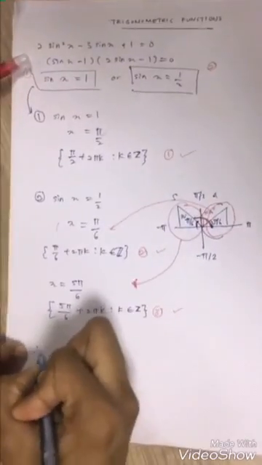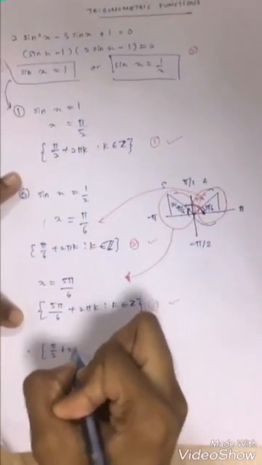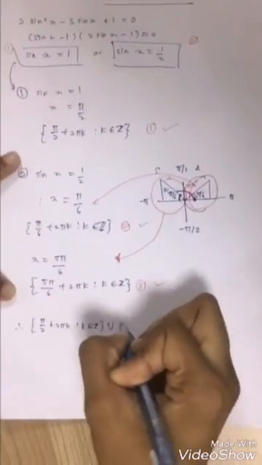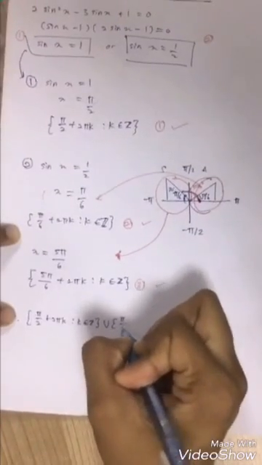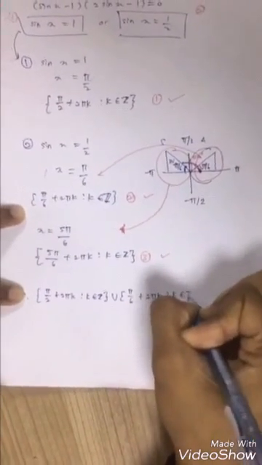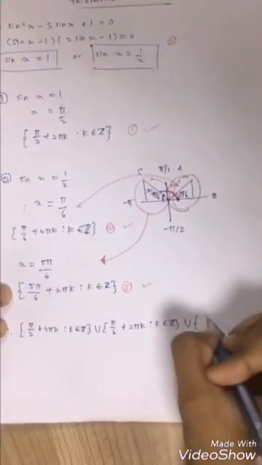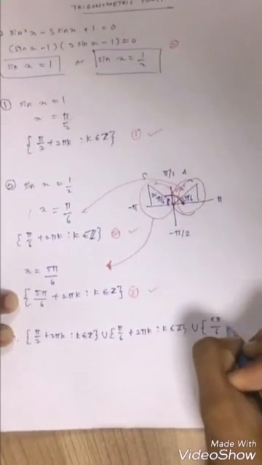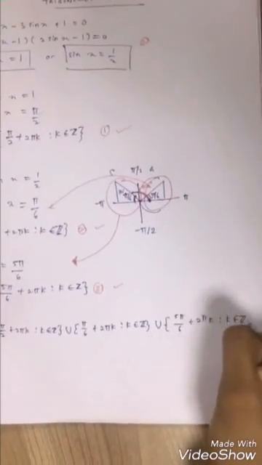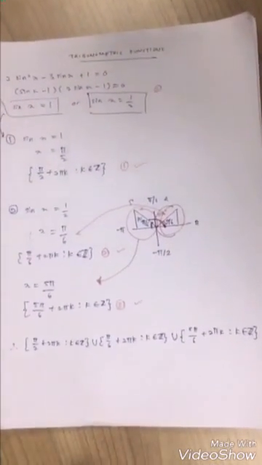Okay, so the answer is pi over 2 plus 2 pi k, k in Z, union with pi over 6 plus 2 pi k, k in Z, and union with the third equation, 5 pi over 6 plus 2 pi k, k in Z. So this is the answer for this question.